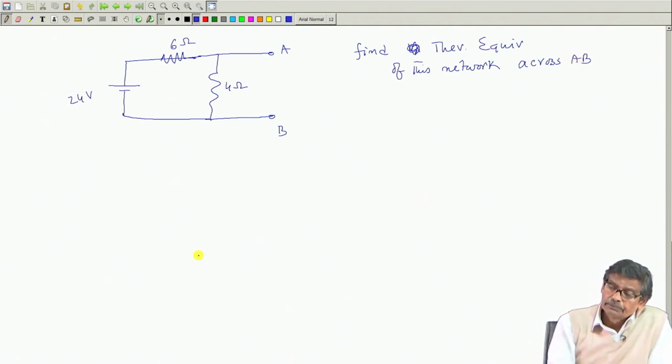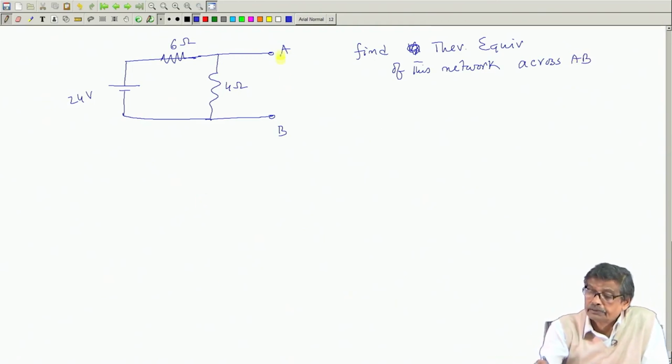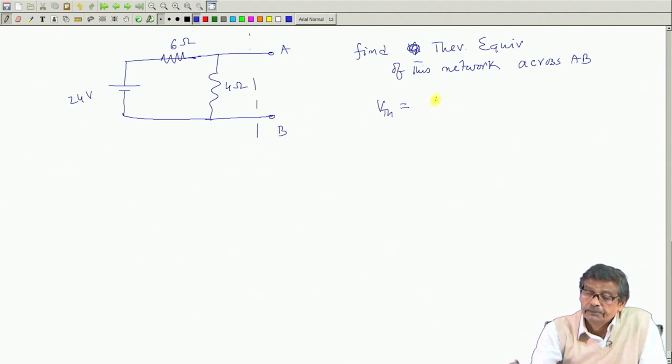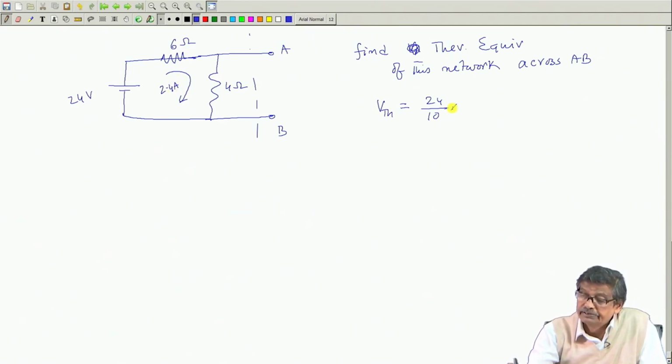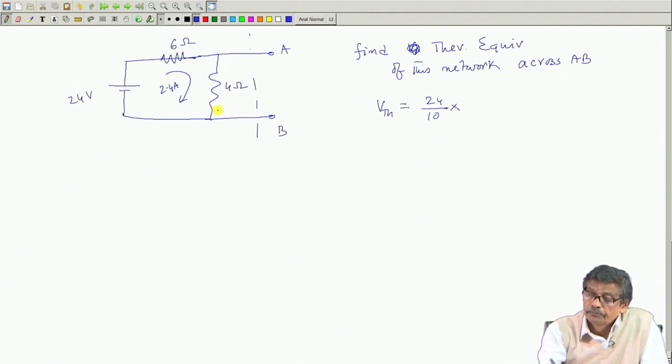So, first thing I have to do, I have to calculate V Thevenin's. Nothing is connected across AB. This is the network left hand side. So, V Thevenin's will be simply 24 by 10, this current, that is 2.4 ampere, and this into this resistance 4 ohm.